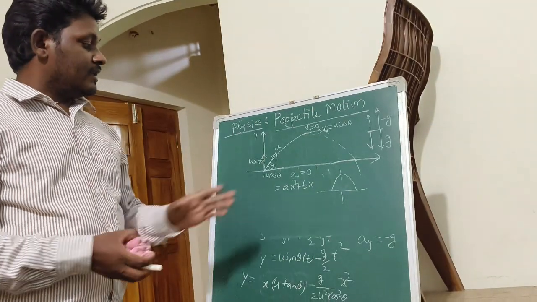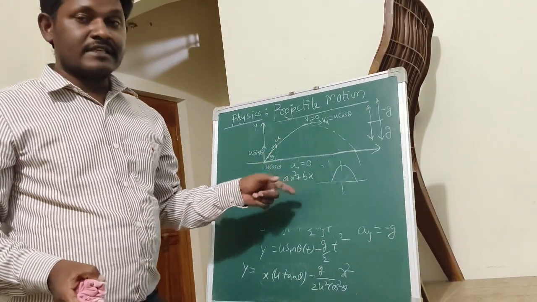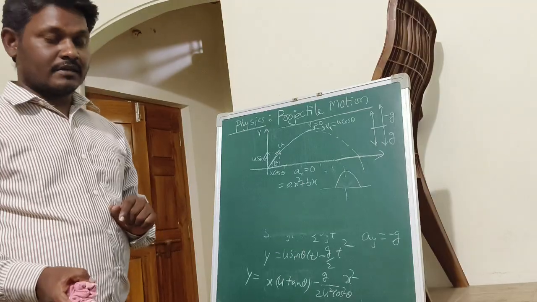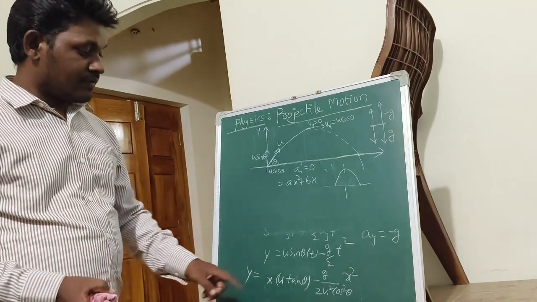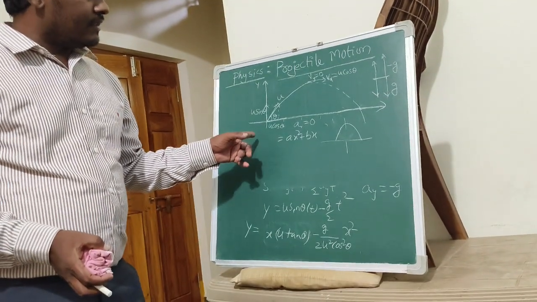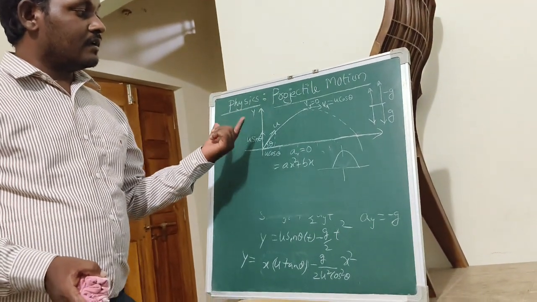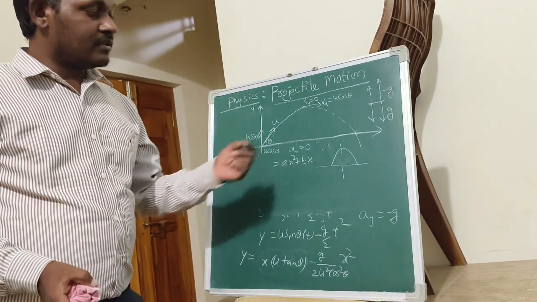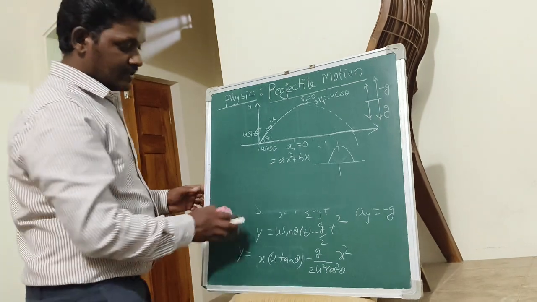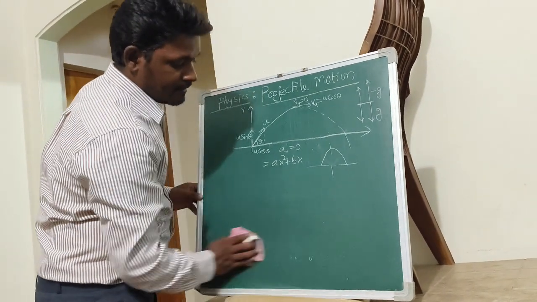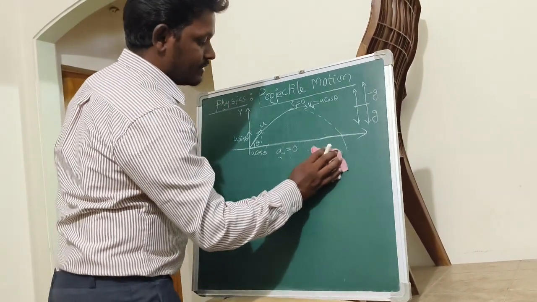That means the projected body travels in a parabolic path, right? So from this equation we could say that if any body is projected, the trajectory of the path is parabolic, right? This is confirmed from this equation.